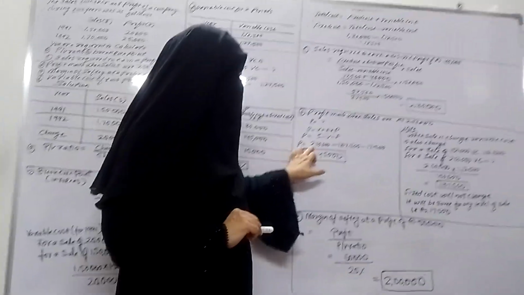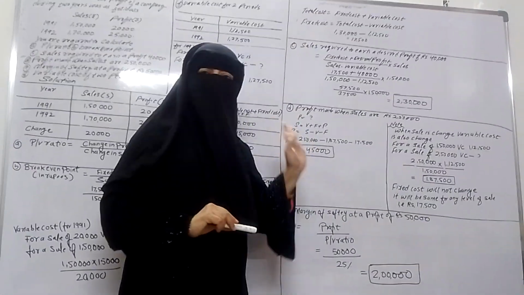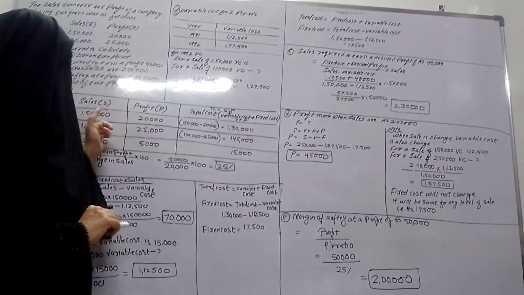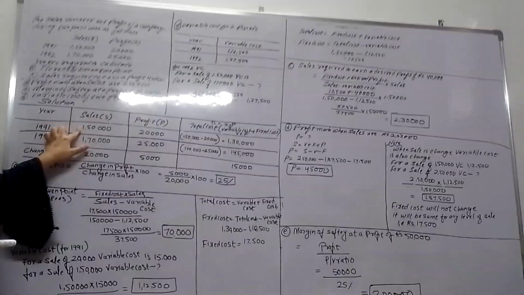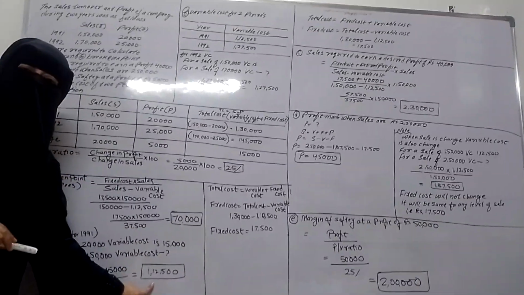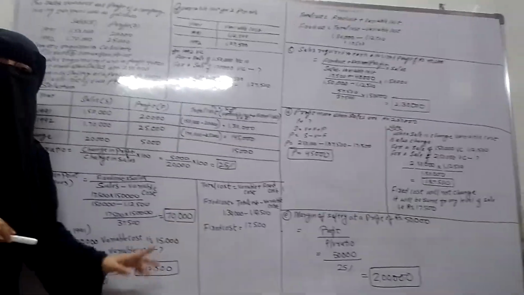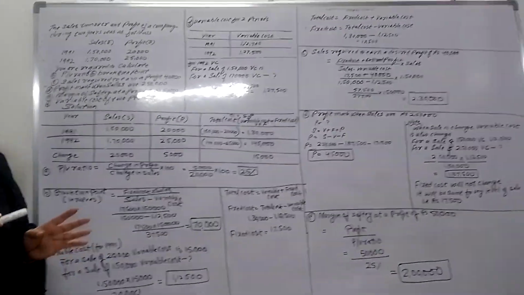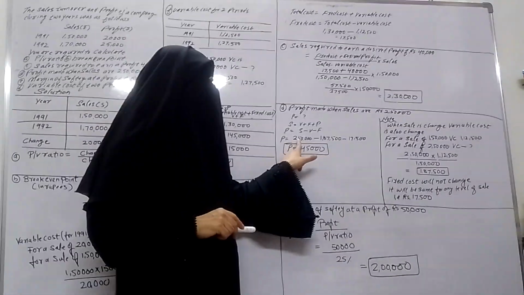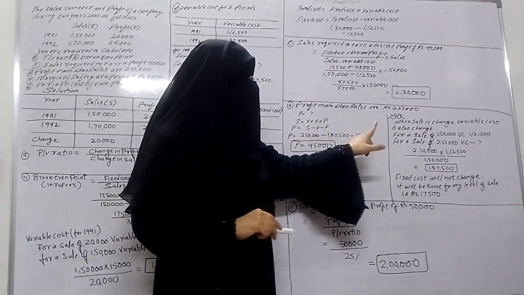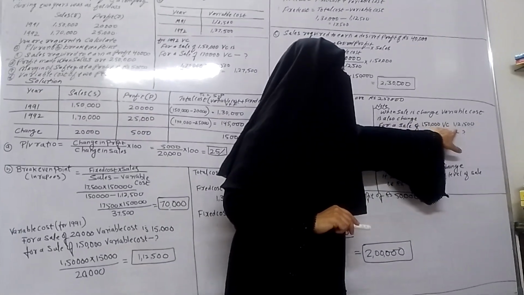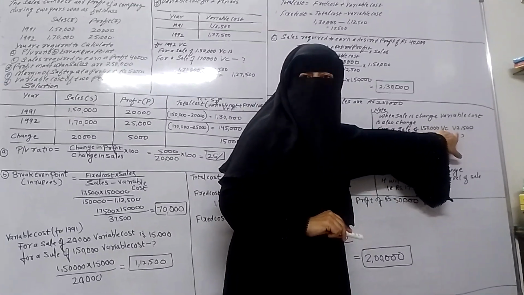When sale is changed, variable cost is also changed, because in the information, the sale in the first year is 1,50,000. So for a sale of 1,50,000, our variable cost is 1,12,500. So whenever sale is changed, variable cost is also changed. So first we have to find the variable cost for a sale of 2,50,000. For a sale of 1,50,000, variable cost is 1,12,500.